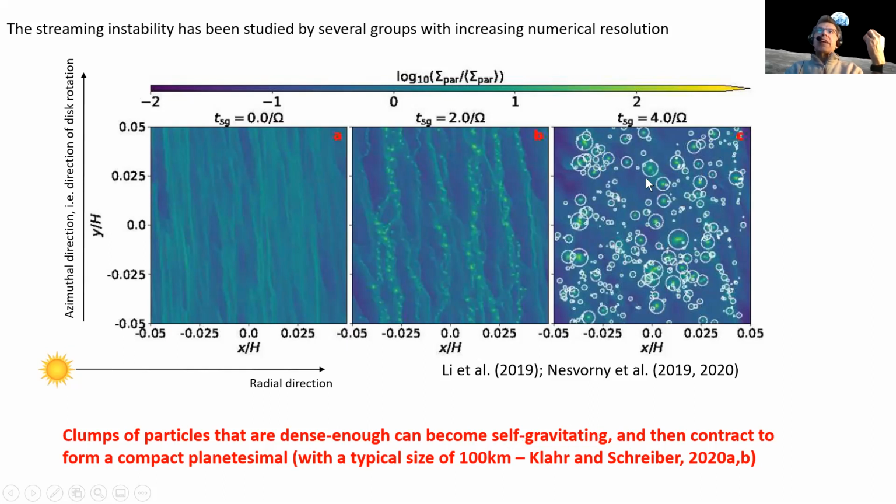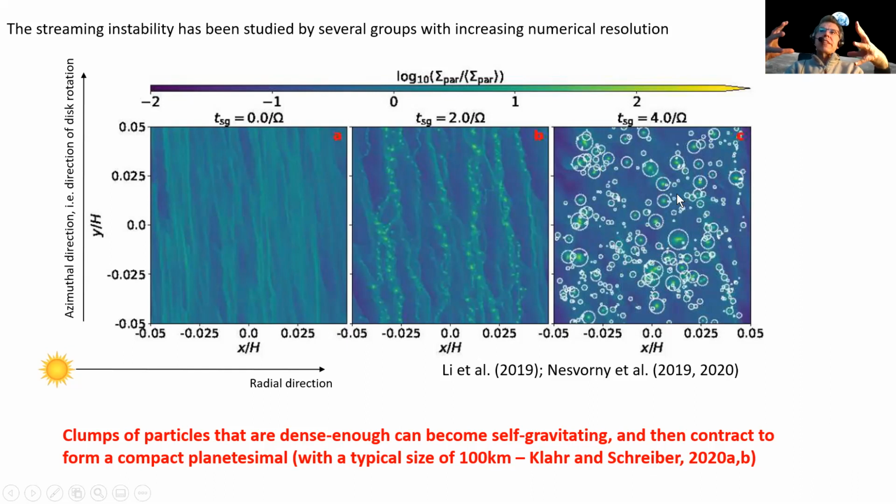When that happens, they are highlighted by these white circles. And a very recent numerical and analytical analysis by Clark and Schreiber shows that the mass in these self-gravitating clumps is typically comparable to the mass of a planetesimal of 100 kilometers.